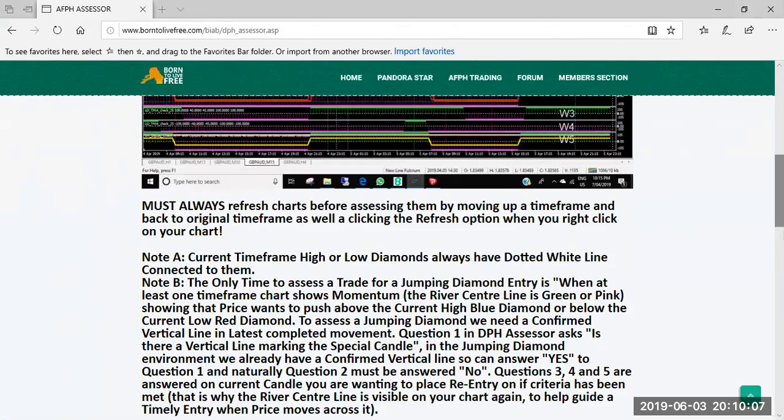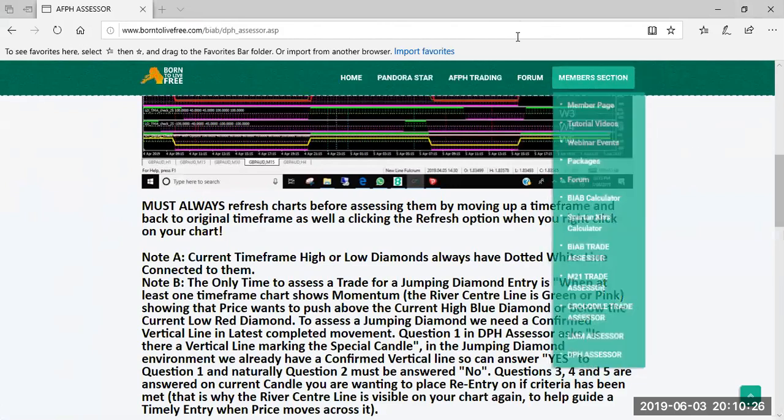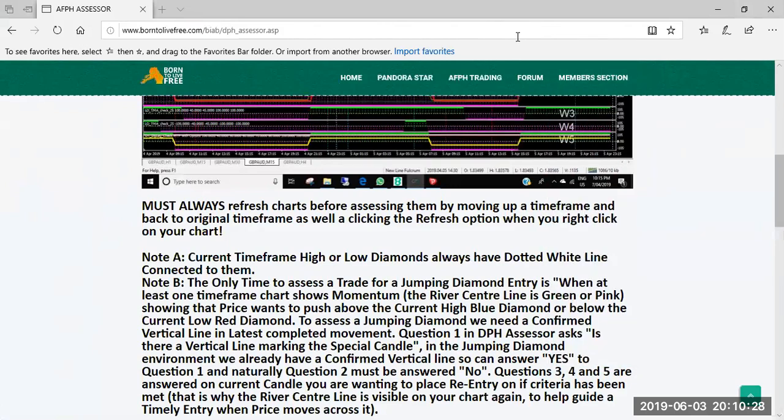Say for an M30, M15 or H1, if you get a confirmed vertical line and your M5 or M15 is already finished, that's a jumping diamond scenario. Apparently we may have one of those in Aussie.